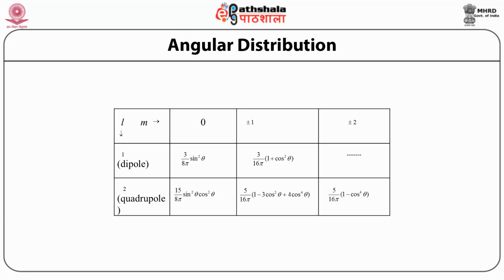Now for L equals 2, a quadrupole exists, and for m equals 0 we have 15/8π sin²θ cos²θ. For L equals 2, m equals ±1, we have 5/16π (1 − 3cos²θ + 4cos⁴θ), and for L equals 2 and m equals ±2 we have 5/16π (1 − cos⁴θ).